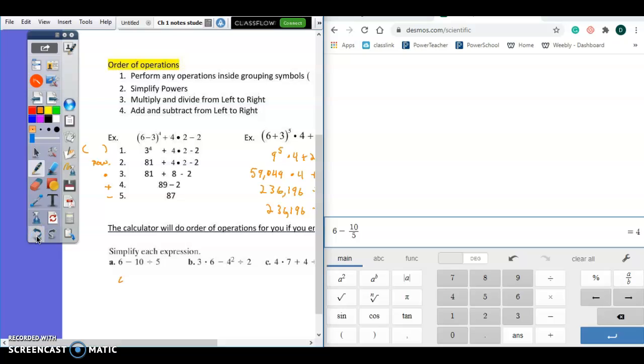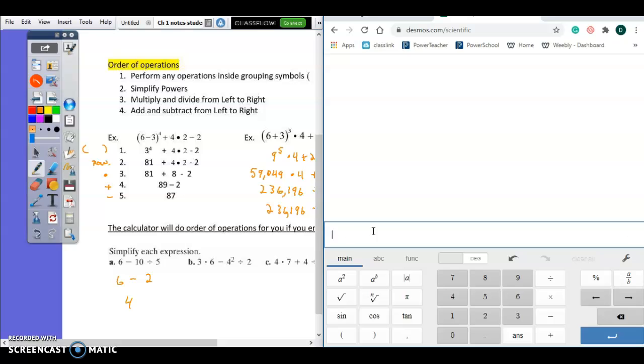We may have to adjust on our calculator. In this case, I do 10 divided by 5, which is 2, bring down the minus, and the 6. 6 minus 2, 4. Yep, so no, we got the right answer. It looks kind of funky, but this is the way that it shows division on this particular calculator, so that's okay.